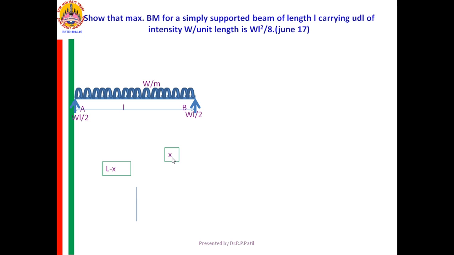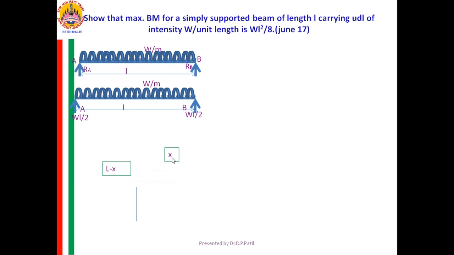If that is the case, I need to calculate the bending moment at A and B. Only I need to calculate the BM at A and B and try to complete the problem.